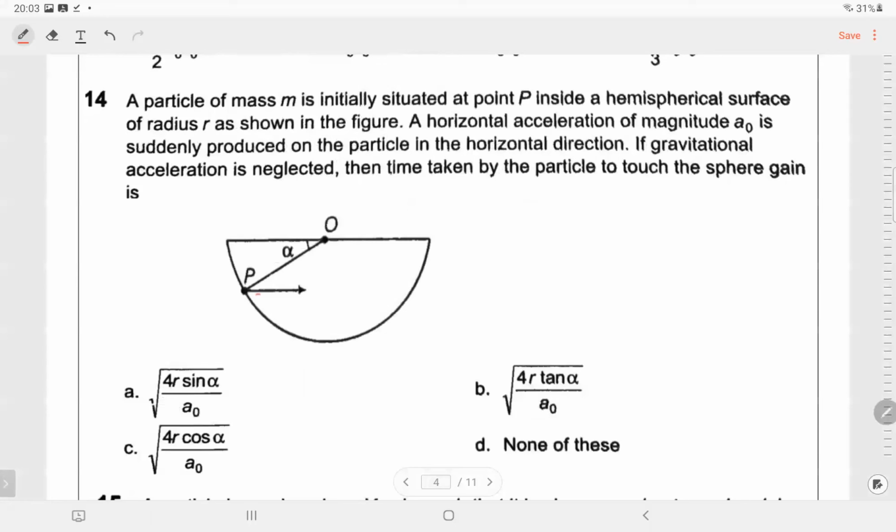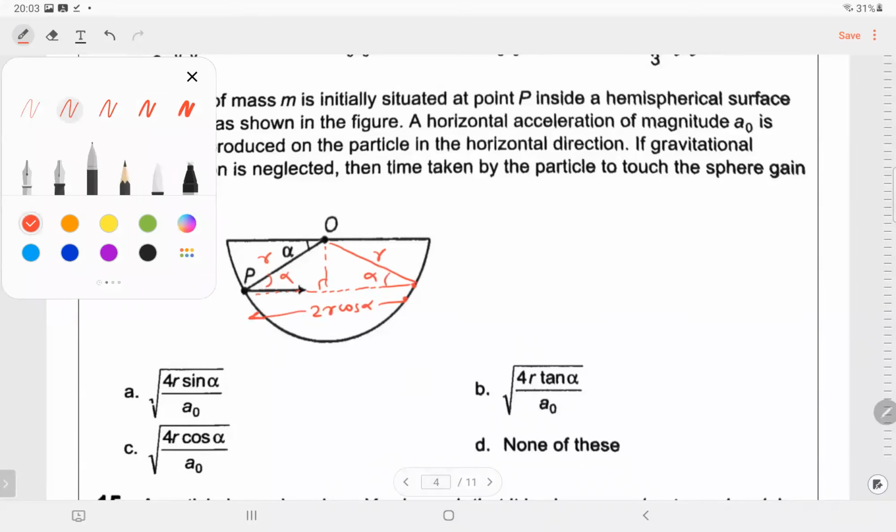Okay, so here they are giving it a horizontal acceleration. We have to find this time taken. R, this is alpha. The length becomes 2r cos alpha. The total displacement is 2r cos alpha, and it is going with an acceleration of a naught. Initial velocity is 0.